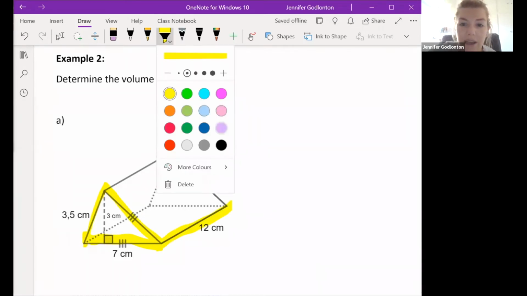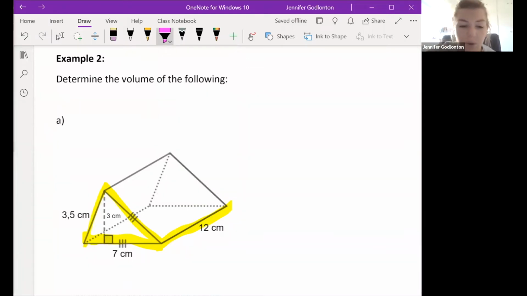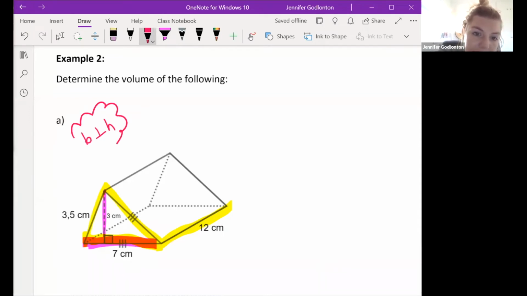Now, when we're looking at that area of our base, we need to think of two important things. We need a base and we need a height. Okay. It's really, really important that you remember that whenever we're dealing with triangles and parallelograms, your base has to be perpendicular to your height.